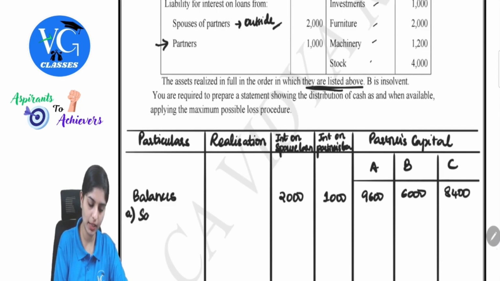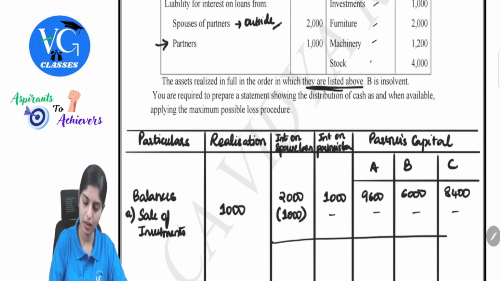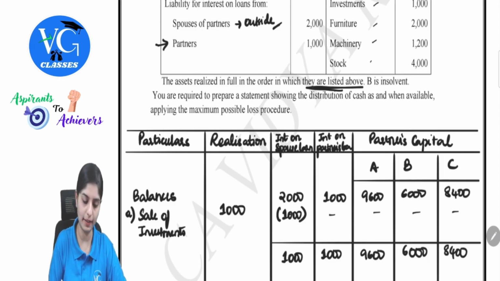First, sale of investments. How much we realized? 1,000. This I can pay only to interest on spouse's loan. Nothing for the remaining. After settling, I will be left with 1,000 balance. I will again bring down the same balances, 6,000 and 8,400.